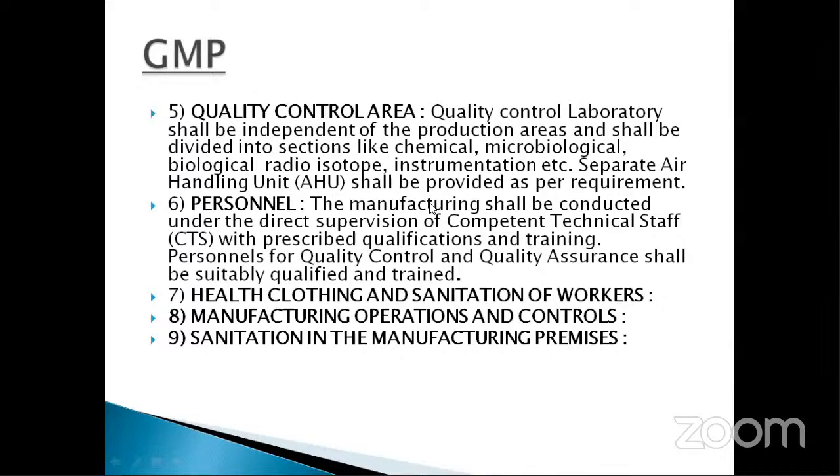For this purpose, the employee, after removing his factory clothes, has to come out from that area and go to the restroom or refreshment room. So these are the requirements for the health, clothing, and sanitation of workers.